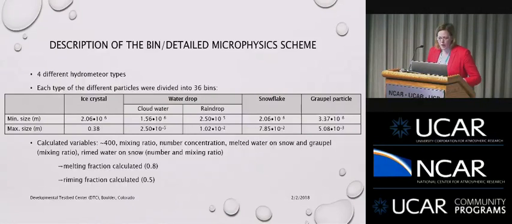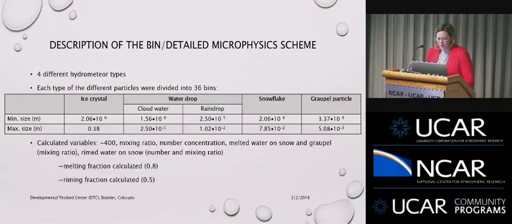It means that for all size categories and for all particles, the mixing ratio and the number concentration are calculated. Also, in the case of the snowflakes and graupel particles, the mass of the melted water is a prognostic variable, and related to the riming effect, the rime water number concentration and mixing ratio are also prognostic variables in our bin scheme.